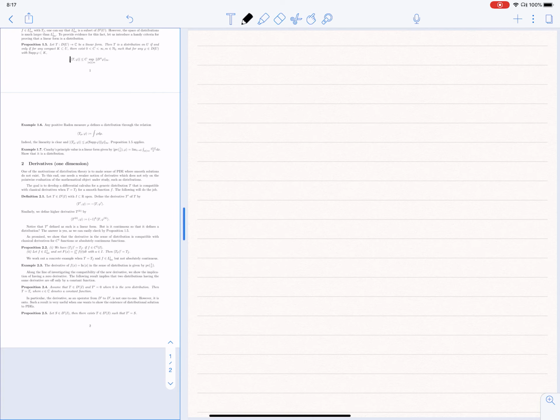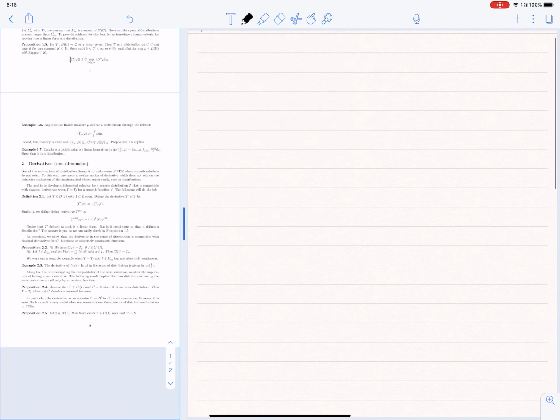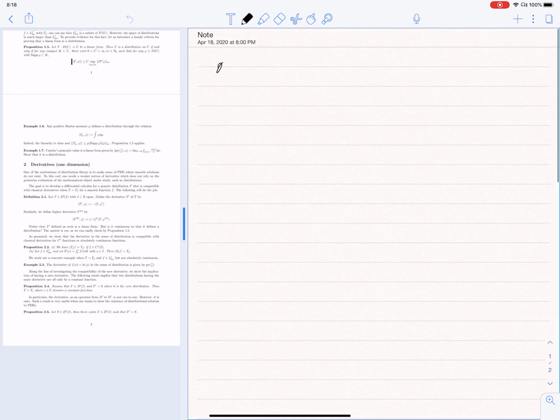So by definition, PV 1 over x applied to phi is given by the limit as epsilon goes to 0 of the integral over x larger than or equal to epsilon of phi of x over x dx. So it is a linear function, so this is clear.